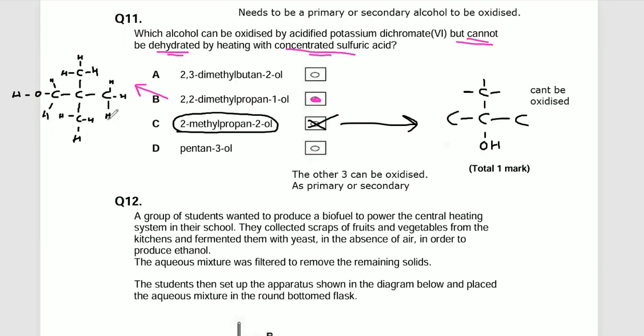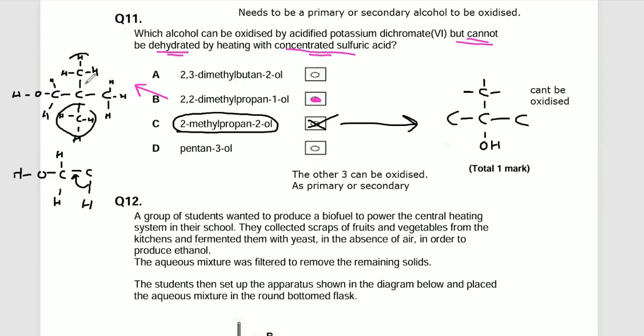2,2-dimethyl-propan-1-ol. So when we look at the carbon atom adjacent to the carbon with the hydroxide group on, we will find there is not a hydrogen attached to the adjacent carbon. You're not interested in the carbon I've circled here in blue, we're not interested in the fact that that's got hydrogens on it.